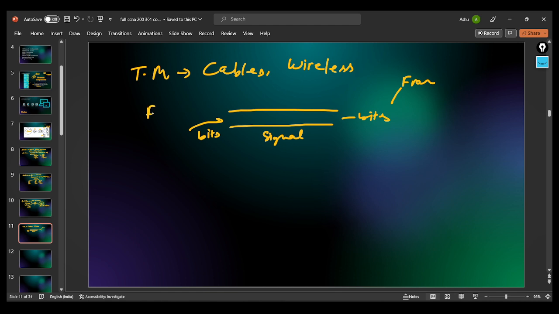Before this frame, it is the type of data at every layer. In the OSI model it works. We will tell you the OSI model in depth in upcoming videos. Clear?